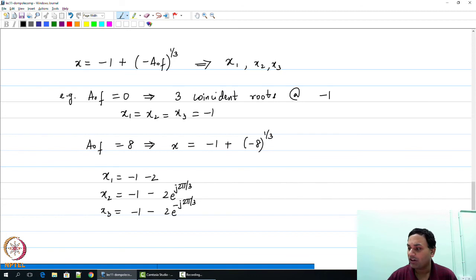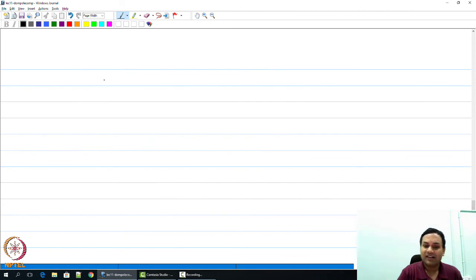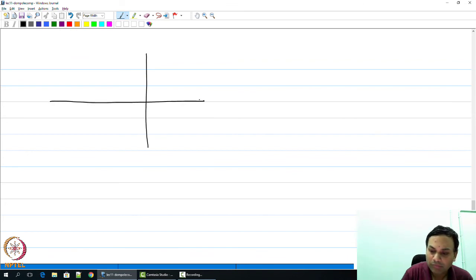So now I'm going to show the progression of the roots in an xy plot. So this is the real axis and this is the imaginary axis. And remember, when a naught f was 0, you had 3 coincident poles at minus 1, 0.